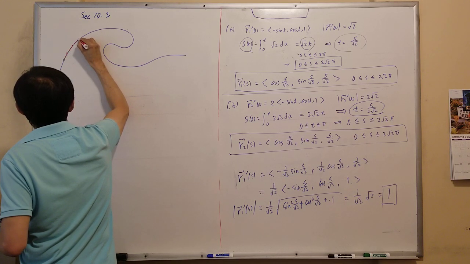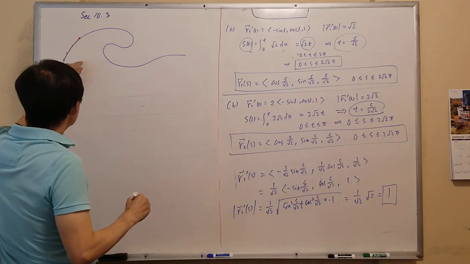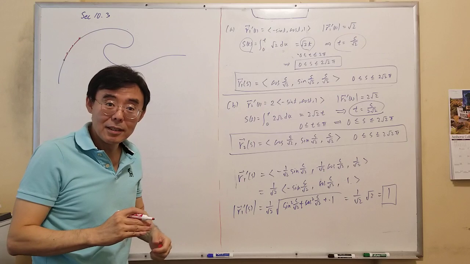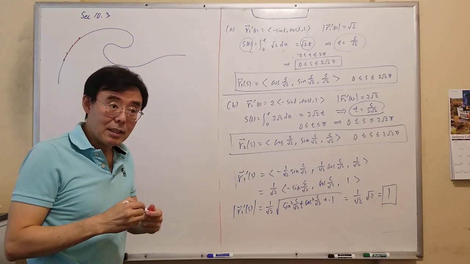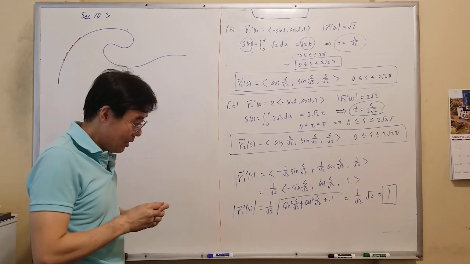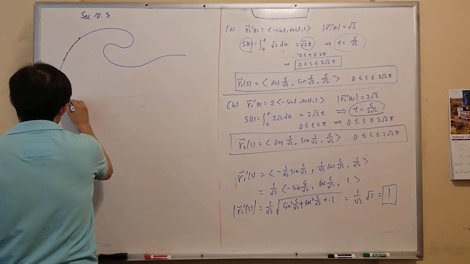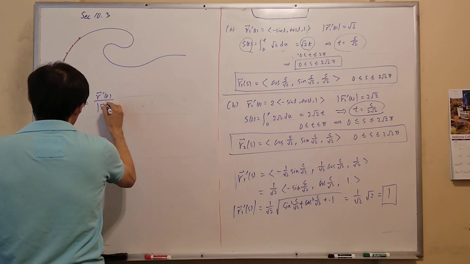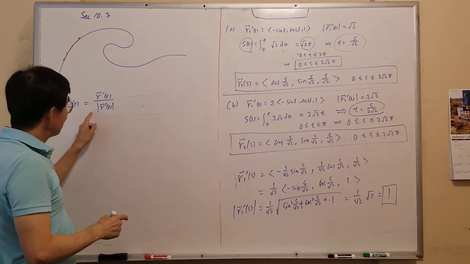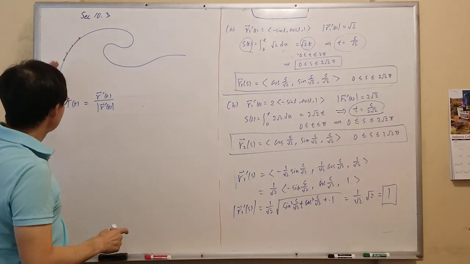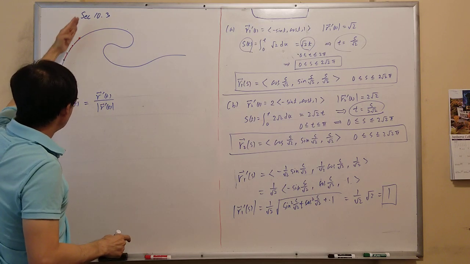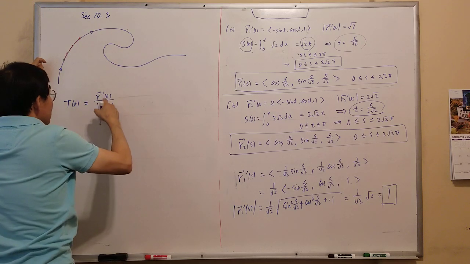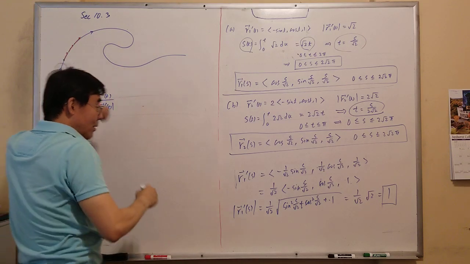Another second later you're here. So per second, your unit tangent vector changes just a little bit, right? That means the derivative of the unit tangent vector is small. You know that T of t is r prime of t, and we divide by its magnitude to make it a unit vector. r prime of t is a derivative vector pointing in the moving direction, tangent. Just in case this is not a unit vector, we divide by its magnitude.